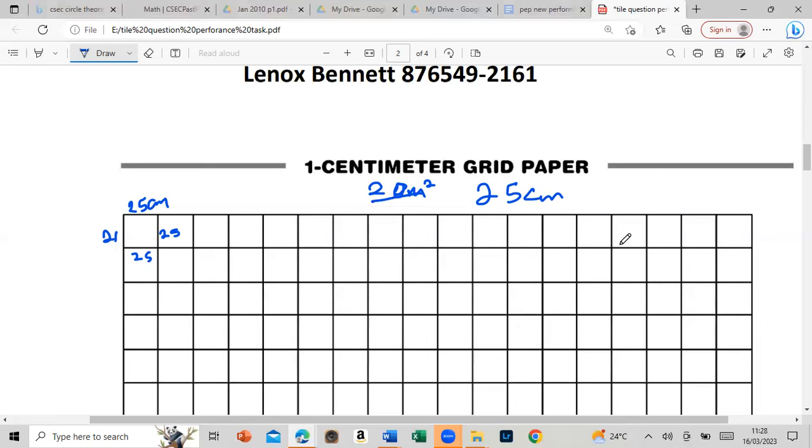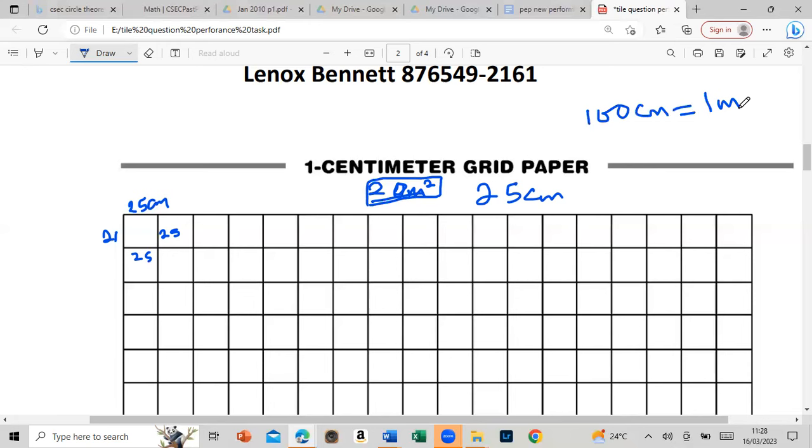So before we go through the entire area, this is what I'm going to do. I'm going to be converting this 20 meters square to centimeters square. What we know is that 100 centimeters is equal to 1 meter. That's standard.